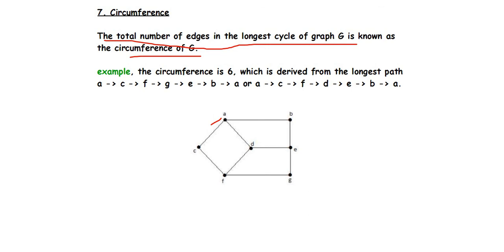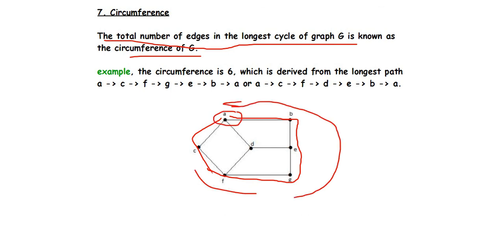That means we take the path, suppose A to C, C to F, F to G, G to E, E to B, and B to A, which means starting from one vertex and completing back to the same vertex.